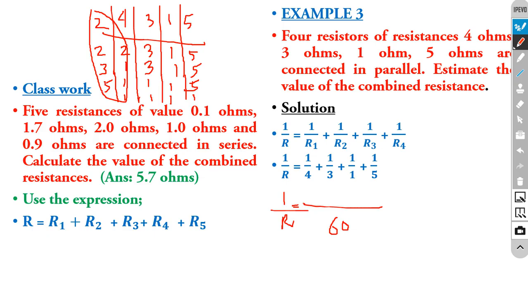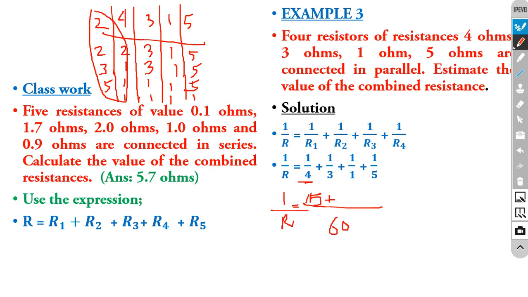So we'll start with the first one here, 60 divided by 4. The first denominator here, 60 divided by 4 is 15. So you now write 15 times 1 is 15. Pardon my writing. This one is just a rough sketch. I will clean it and do the right thing.